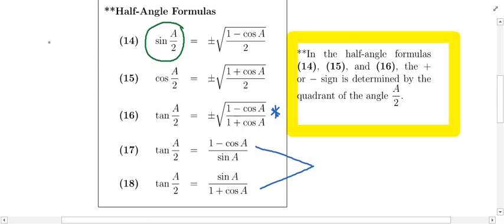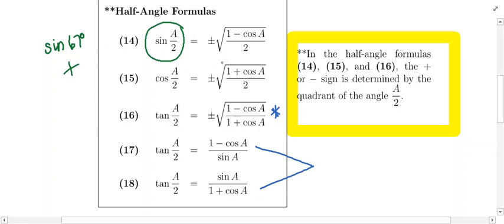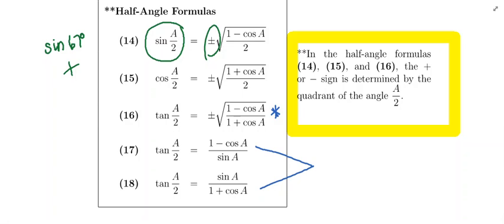Just in a nutshell, say I had the sine of 67 degrees on the left side of this equation. I'd have to plug and chug into the right side to get the value. But at the end of the day, I'm computing the sine of 67 degrees. 67 degrees is in the first quadrant, so its sign has to be positive. So whatever value I'm computing on the right side has to be positive, because 67 is in the first quadrant, and the sign there is positive. That's what that box is telling you.